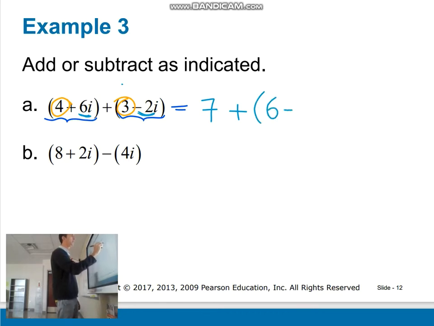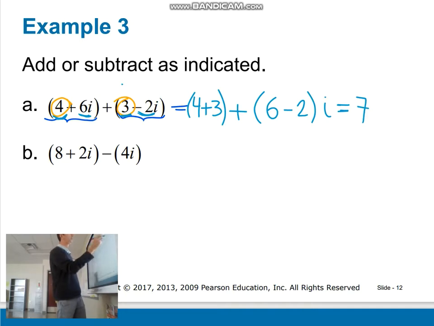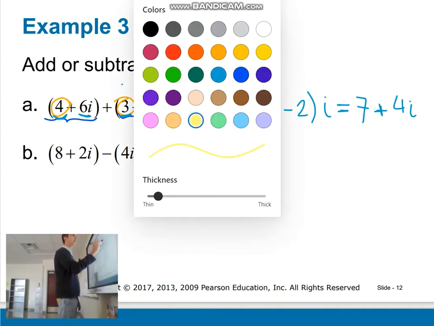That's 6 minus 2 times i. Just to make sure you understand, the first part is 4 plus 3, right? You are adding the real parts. 4 plus 3 is 7. 6 minus 2 is 4 times i. That's the answer for letter A.